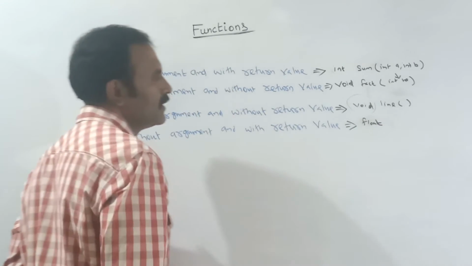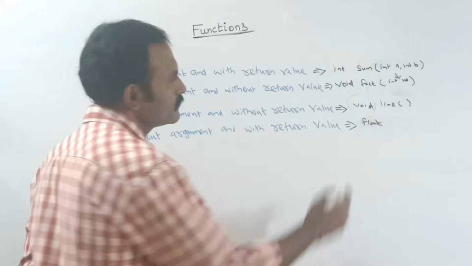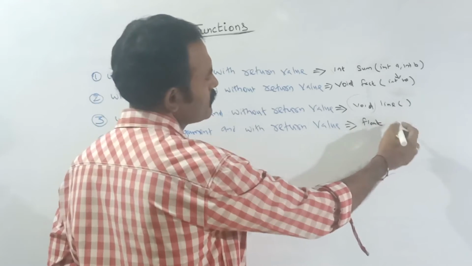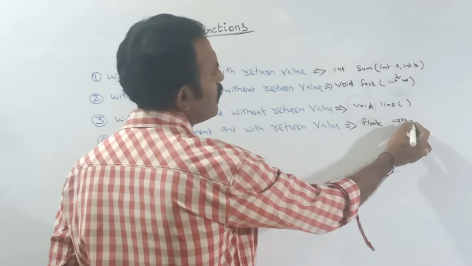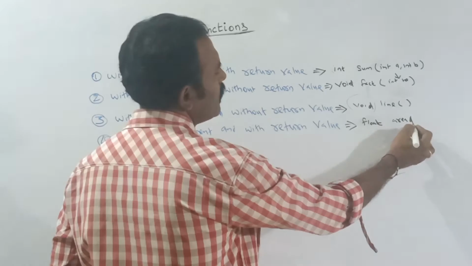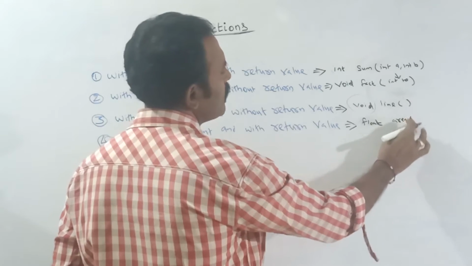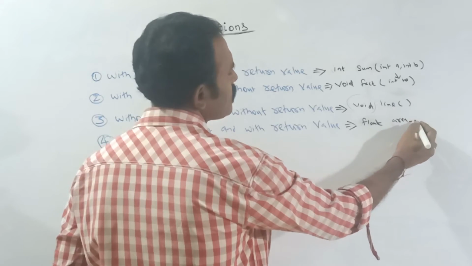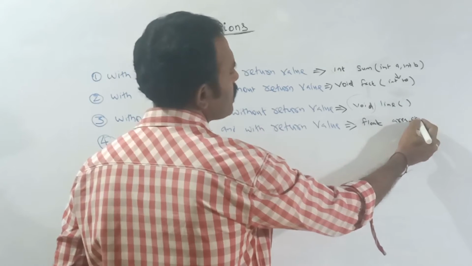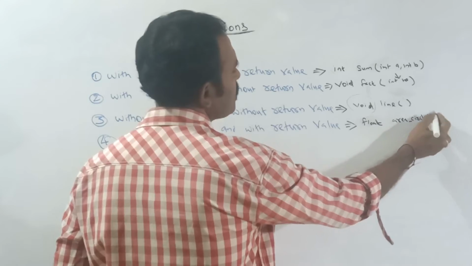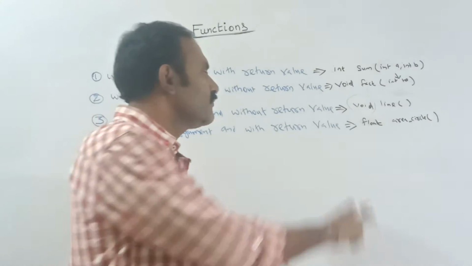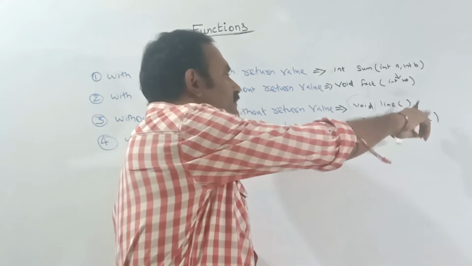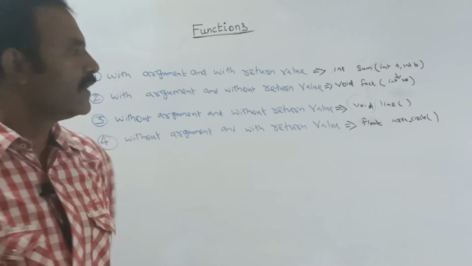For example, take area underscore circle. Suppose you want to find the area of the circle. It returns a float value, and inside we are not going to pass any argument list.